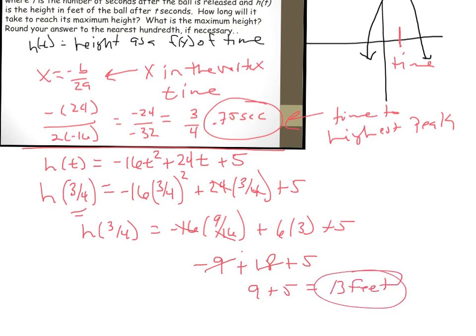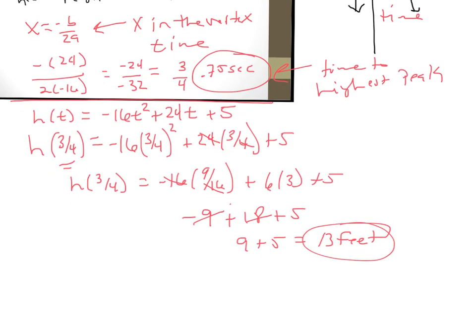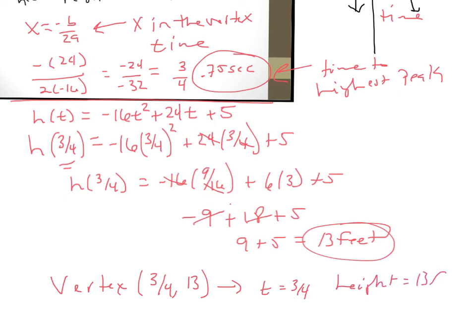So if we look at it as just a vertex, with no application, the vertex of this parabola is (3/4, 13). But now that we're dealing with an application, we say that time is equal to 3/4, and height is equal to 13 feet.